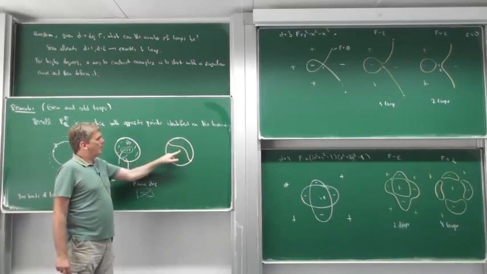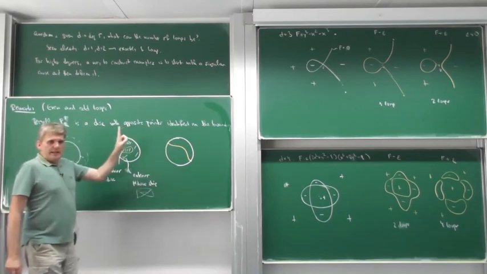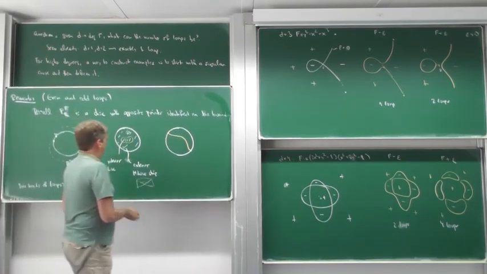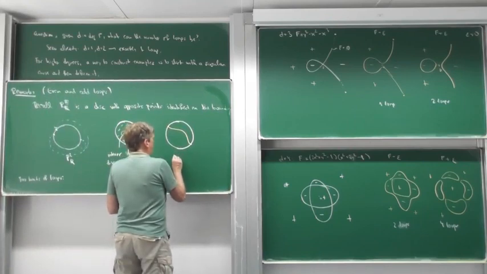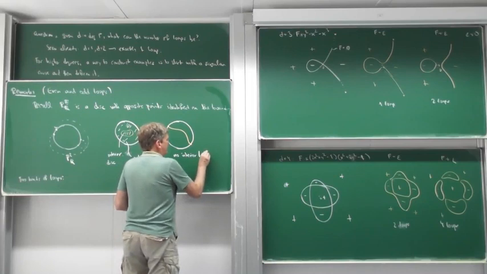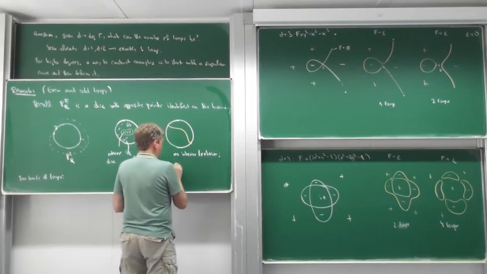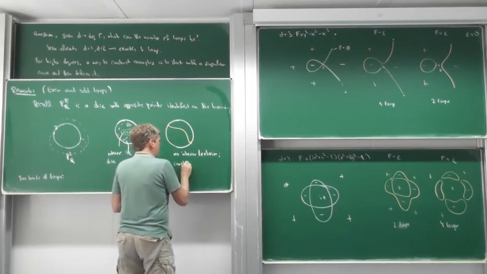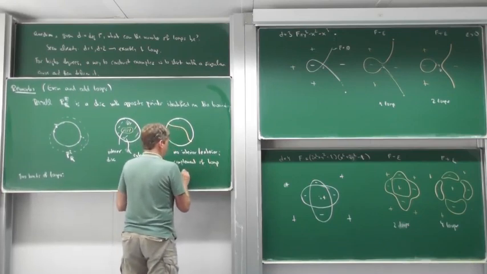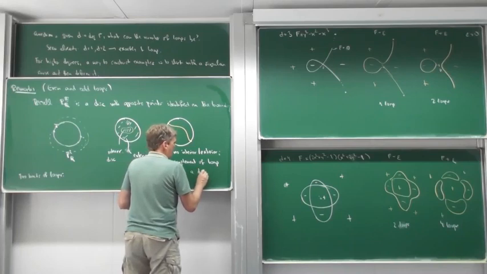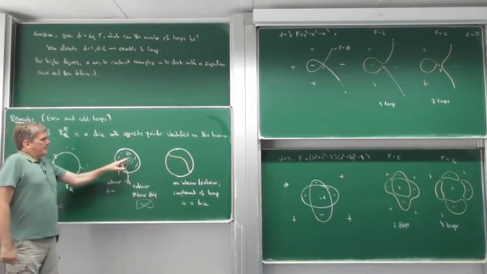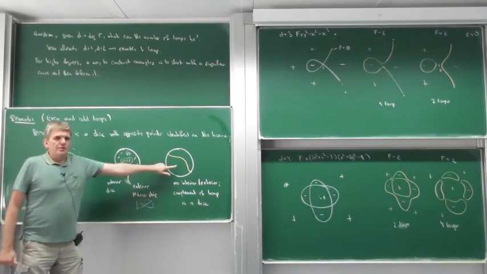So here the complement of the loop has just one component. It's really a completely different topological picture. Here there is no interior or exterior, just the complement of the loop is a disk, and there are no two components. So here it divides the plane into a disk and a Möbius strip, and here it's just a disk.